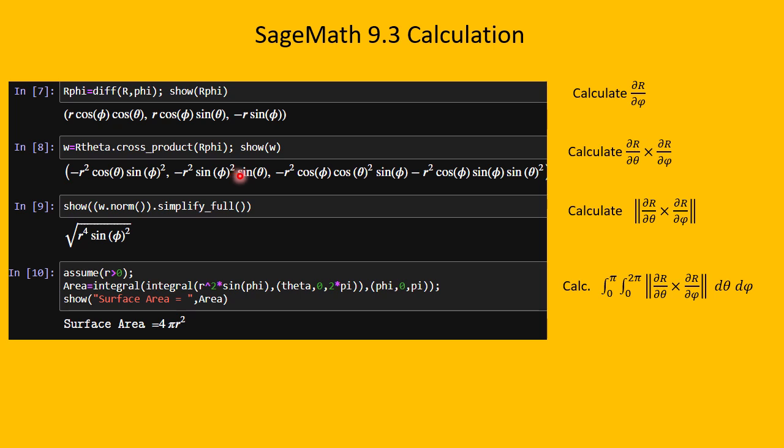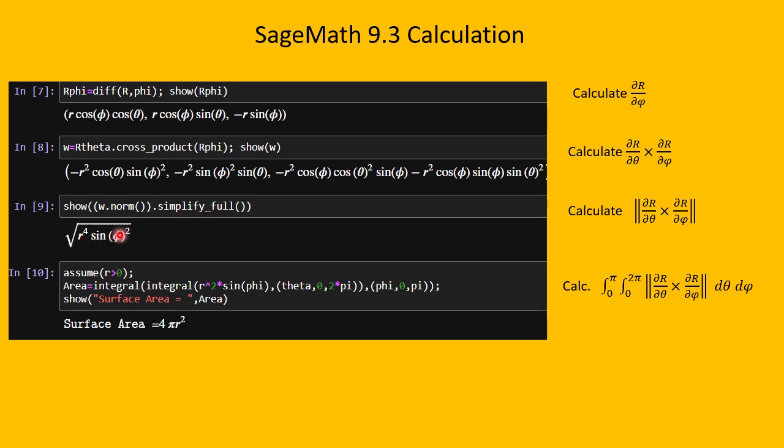So then let's take the norm of this cross product. So I want to show w dot norm, and I want to simplify it fully. When we simplify that, it turns out to be the square root of r to the fourth times sine squared of phi. Now, let's look at this for 1 minute. This actually simplifies a little bit further because we know something about phi.